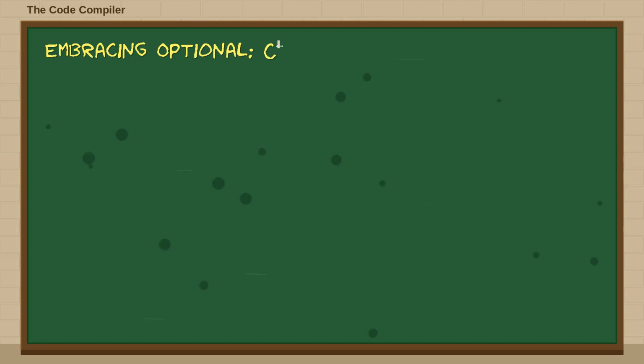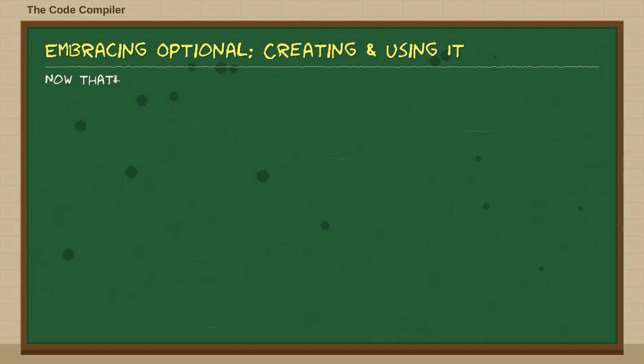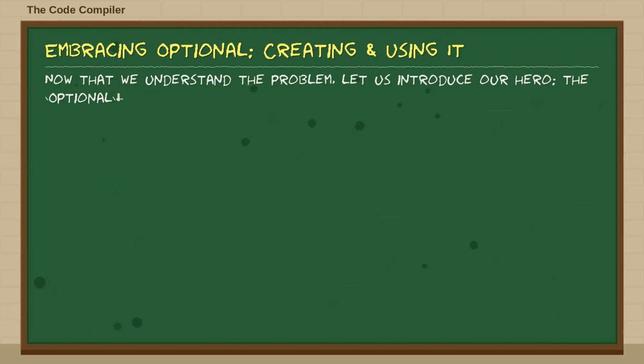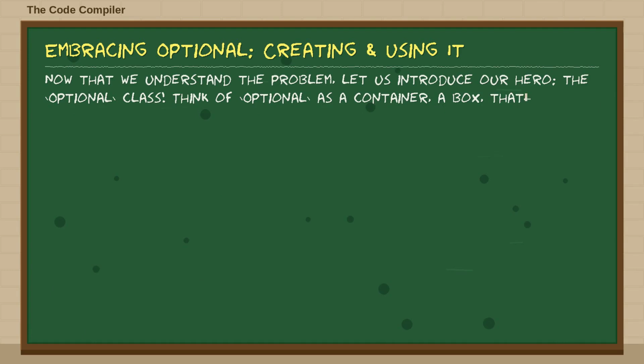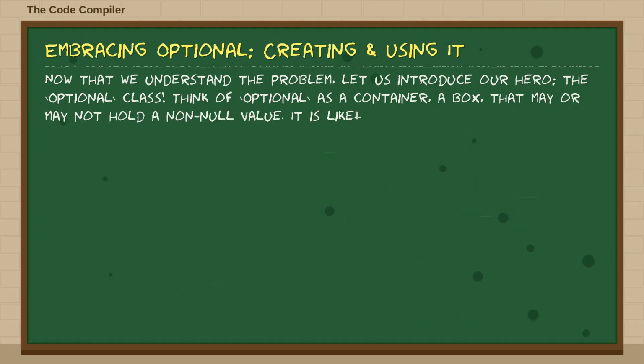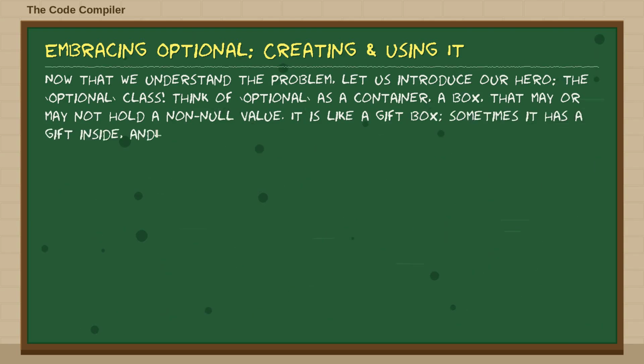Now that we understand the problem, let us introduce our hero, the Optional class. Think of Optional as a container, a box, that may or may not hold a non-null value. It is like a gift box. Sometimes it has a gift inside, and sometimes it is empty.